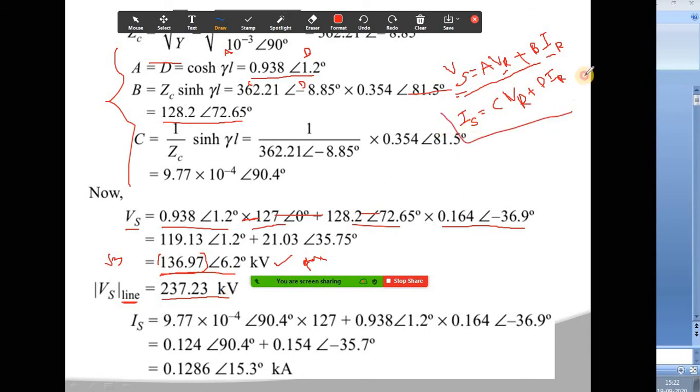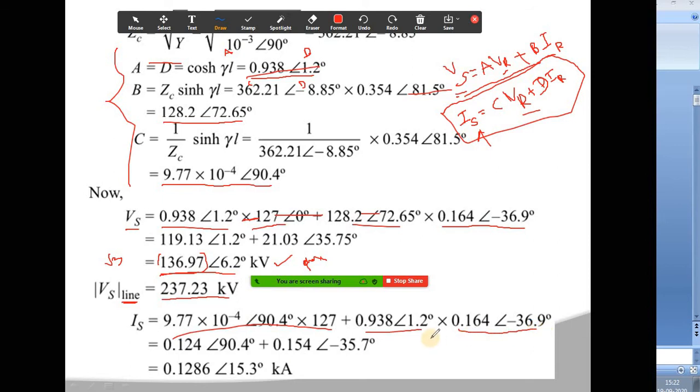Now, by using this equation, you calculate the sending end current also. Sending end current Is is equal to C into Vr plus D into IR. C is 9.77 into 10 power minus 4 at an angle of 90.4 degrees, Vr is 127, D is 0.938 at an angle of 1.2 degrees, and IR is 0.164 at an angle of minus 36.9 degrees.